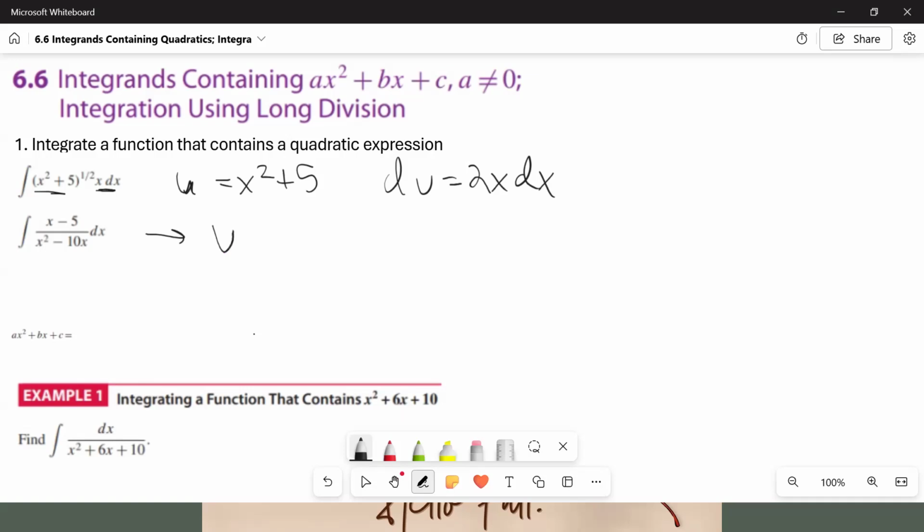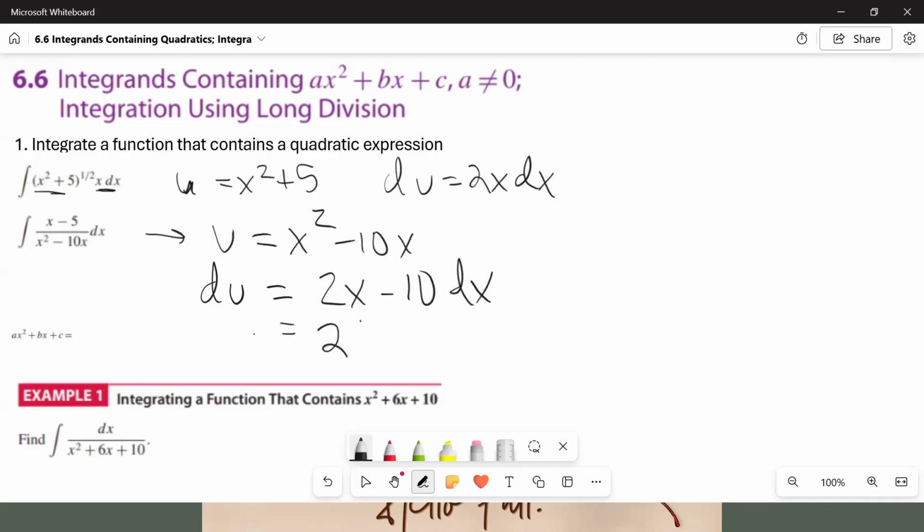If you let u equal x squared minus 10, then du is going to be 2x minus 10 dx, and then you can rewrite that as 2 times x minus 5 dx, and then you can proceed with the substitution there.